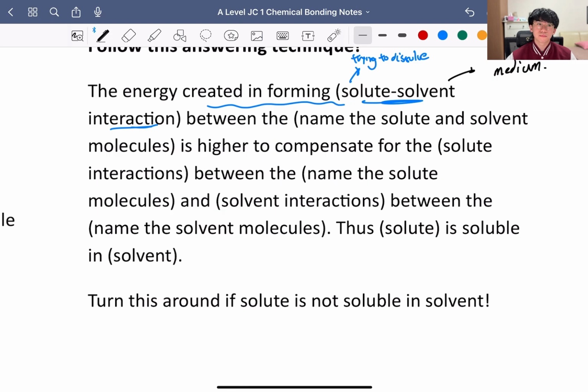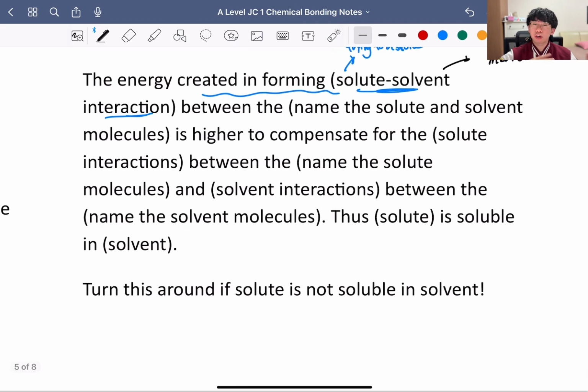So for example, if I'm trying to dissolve my Milo powder into water, the Milo powder would be the solute and water would be the solvent. Now back to this, the energy created when forming these solute to solvent interactions, I want this to be large enough so I can compensate the energy required to overcome the solute-solute interactions and the solvent-solvent interactions.